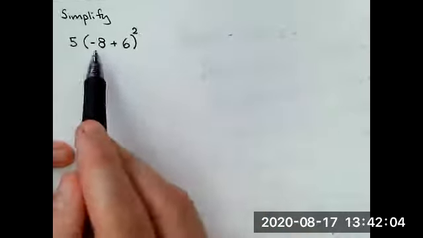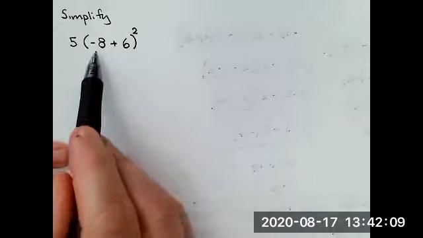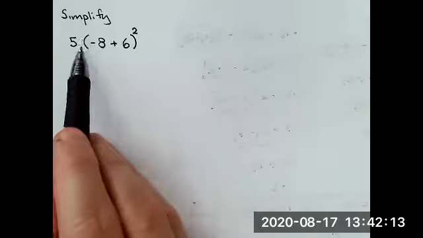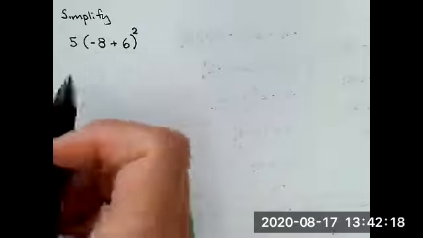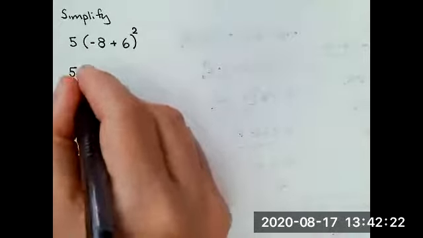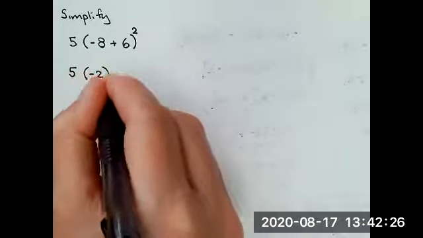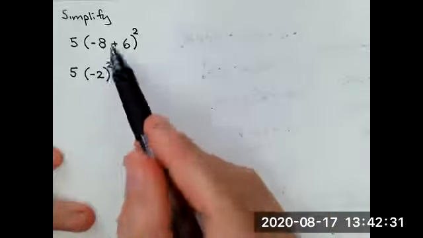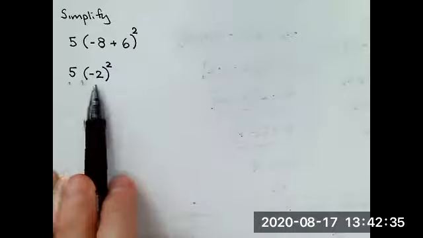All right, so from the order of operations, you recall that if there's an operation inside the parentheses, you do that first. -8 and +6 make -2. And because the result is negative, we'll keep the parentheses. And then you want to do this exponent before this multiplication.